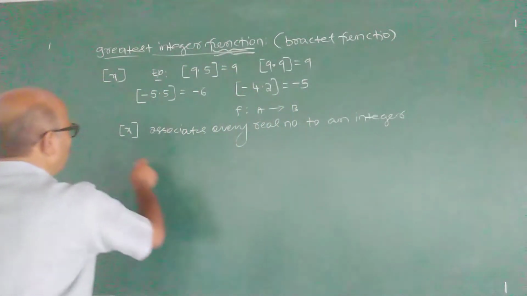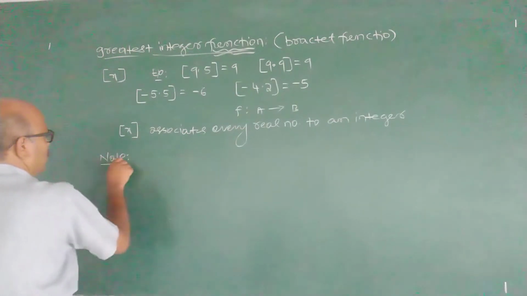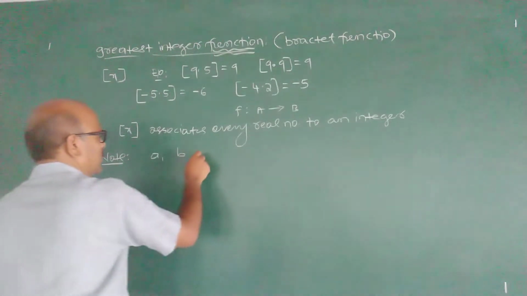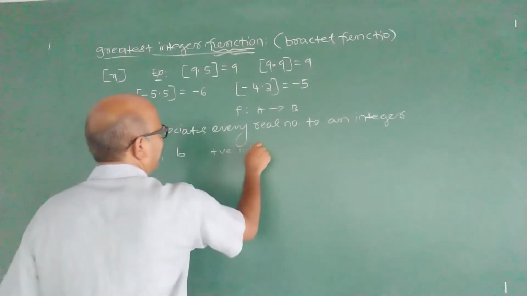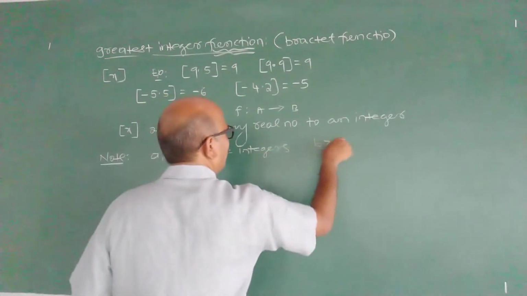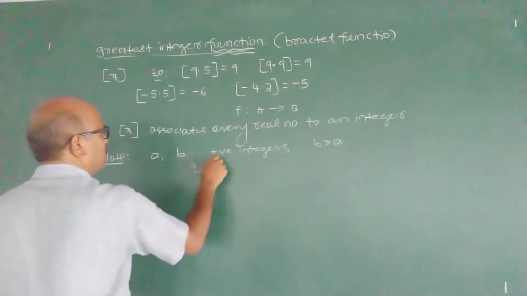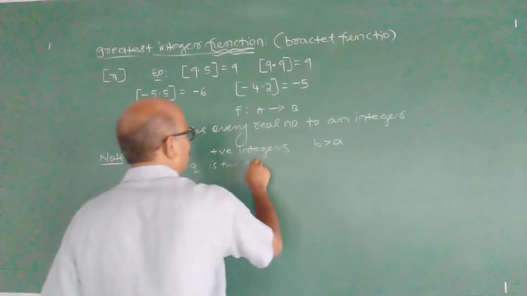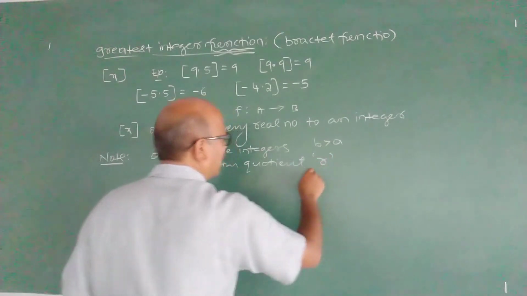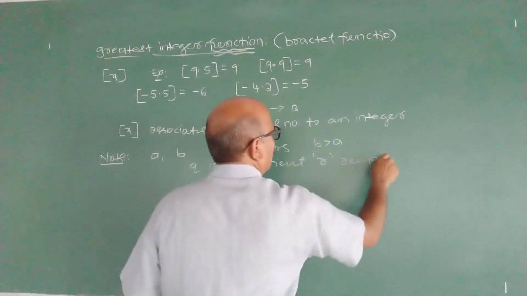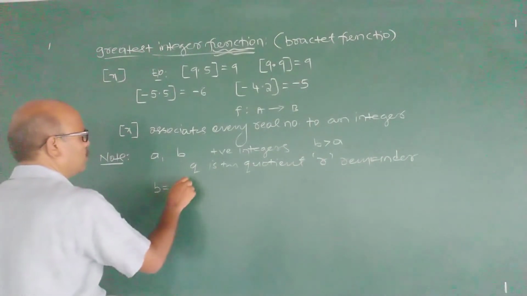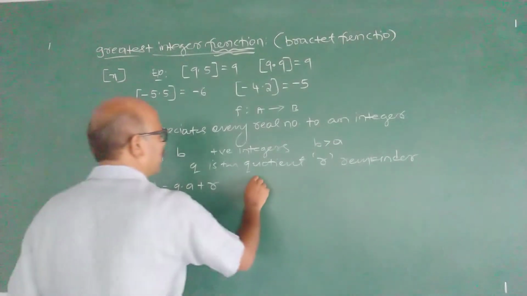Now, we have an important application of this. Suppose A and B are any two positive integers. Suppose B is greater than A. Suppose Q is the quotient and R the remainder when B is divided by A. Important thing is, what is R?